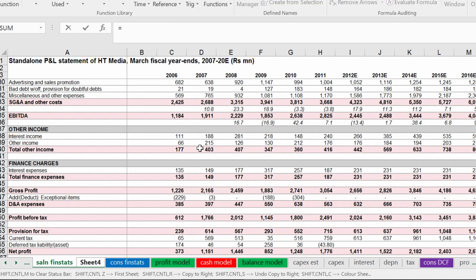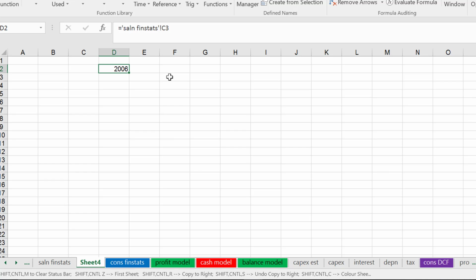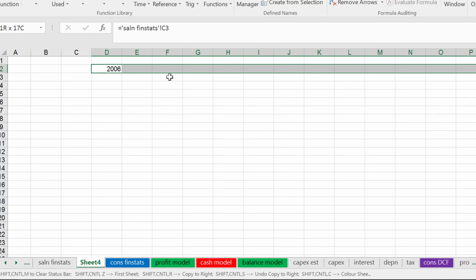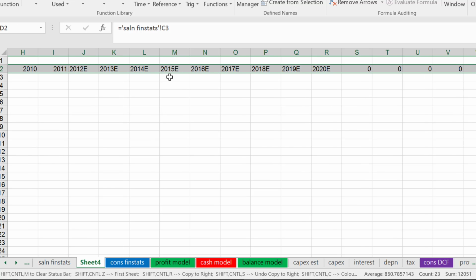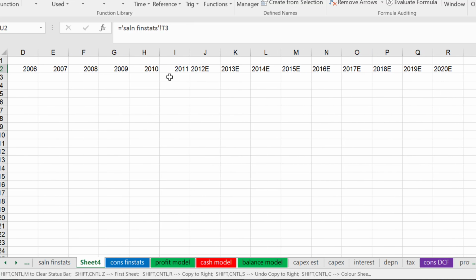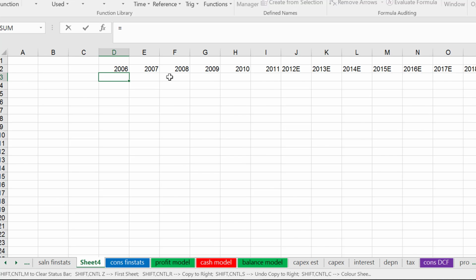So I'm going to put our year here. Okay. And then we're going to use the index function to graph all of the history and the forecast together.